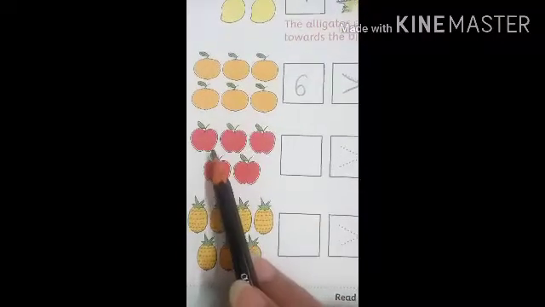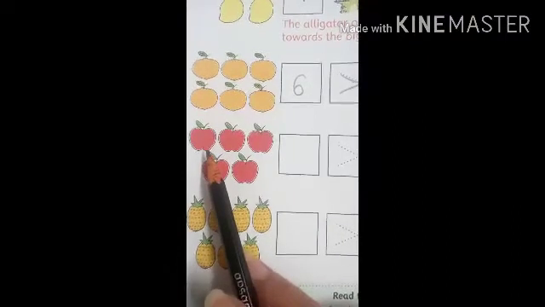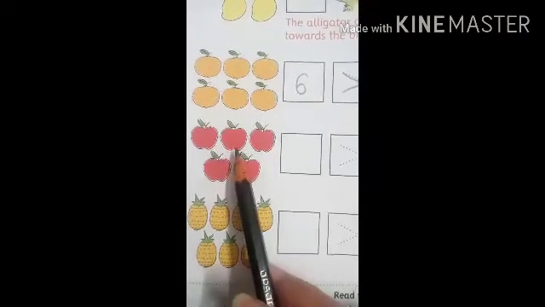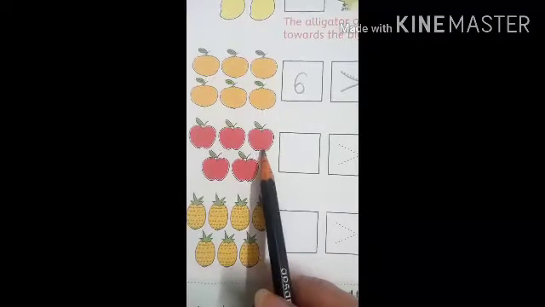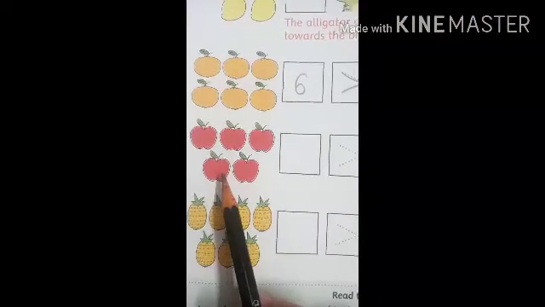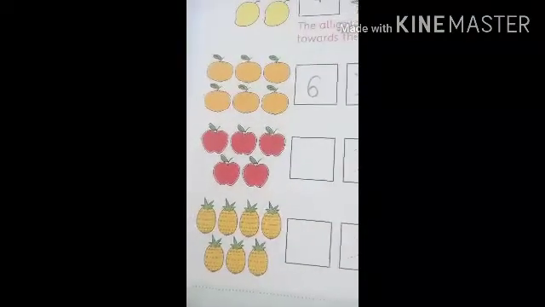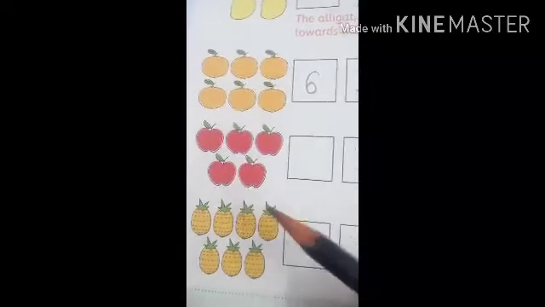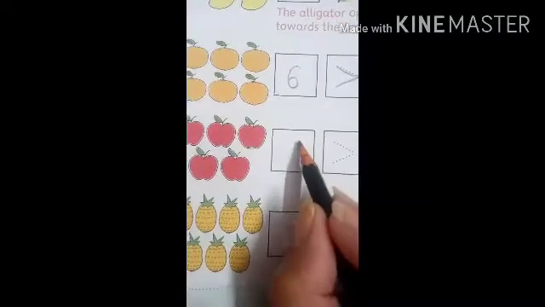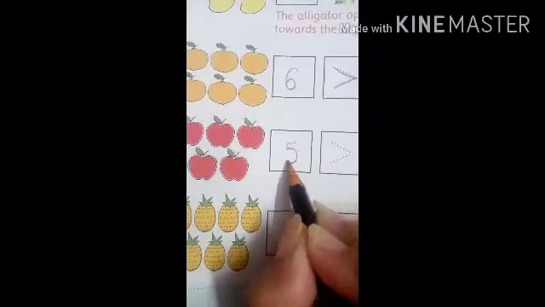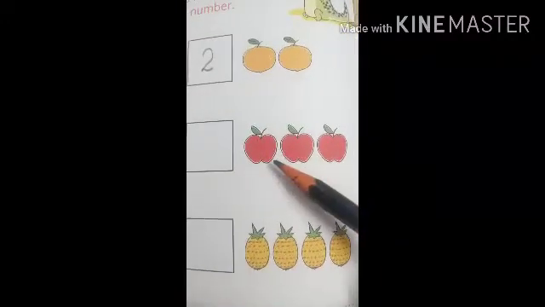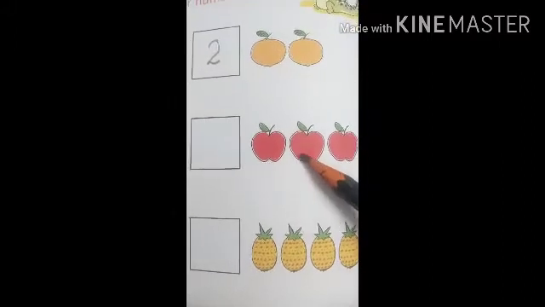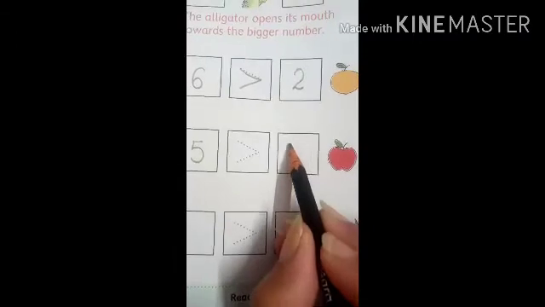Now let's count the apples. 1 2 3 4 and 5. How many apples? 5 apples. And what about the right side? 1 2 3. There are 3 apples.